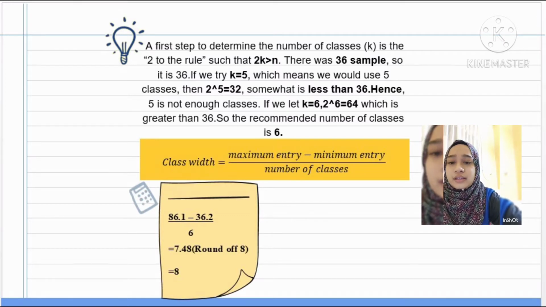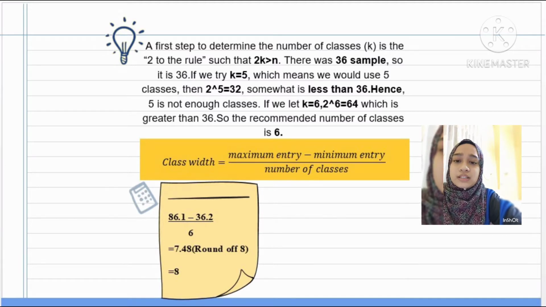If we try K equal to 5, which means we would use 5 classes, then 2 to the power of 5 equals 32, which is less than 36. Hence, 5 is not enough classes. So, if we let K be 6, 2 to the power of 6 equals 64, which is greater than 36. So, the recommended number of classes is 6.